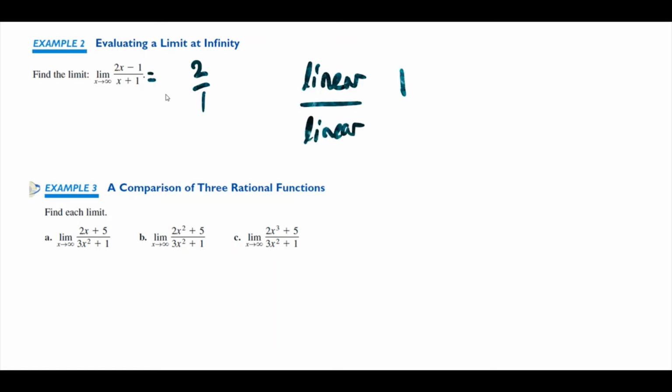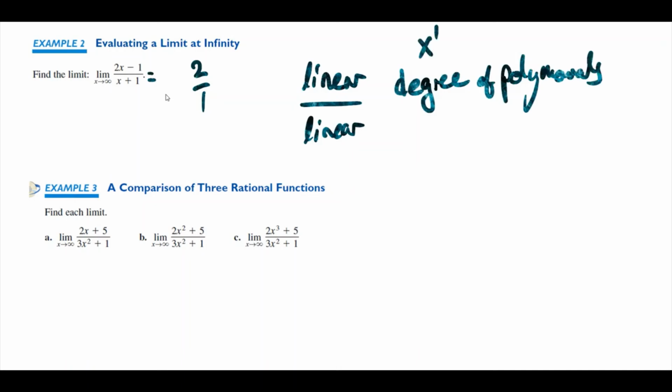So the degree of the polynomials is the same, where we have x to the first power plus some c value. We have x to the first power in our numerator, and we also have x to the first power in our denominator. We're not using parabolas or cubics or anything bigger that will grow faster. So when we're looking at what our limit is, we just look at the ratio of the leading coefficients.